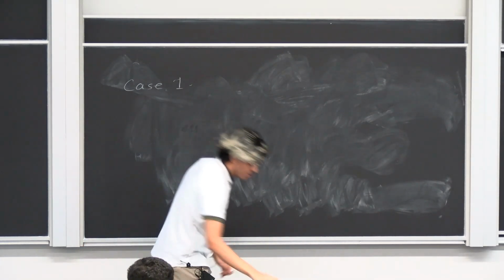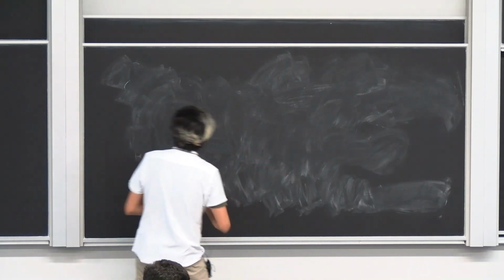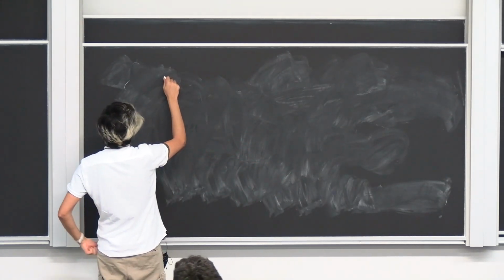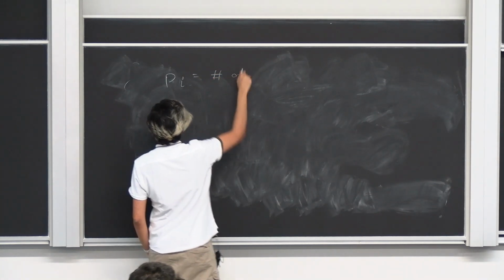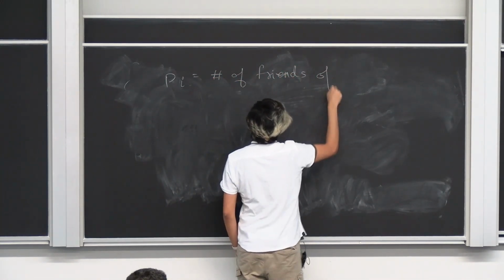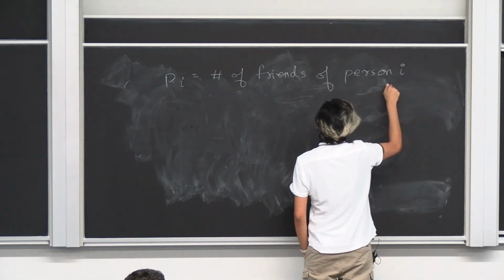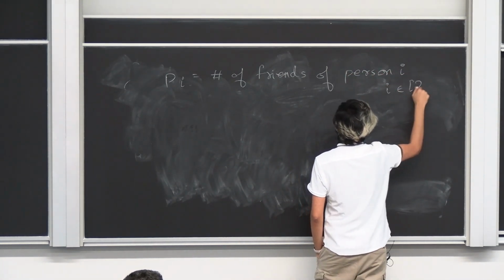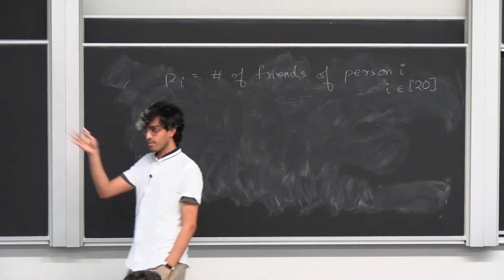Let's define P_i as the number of friends of person i, where i belongs to the set of 1 through 20.